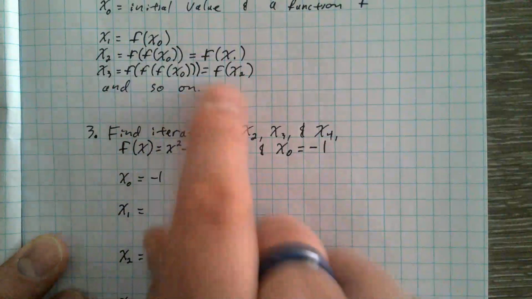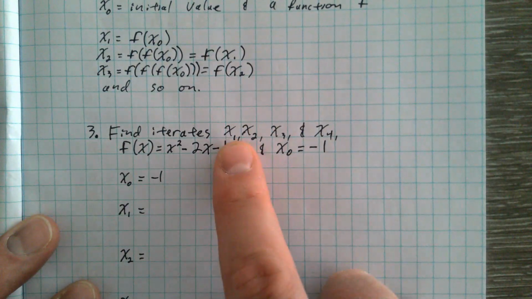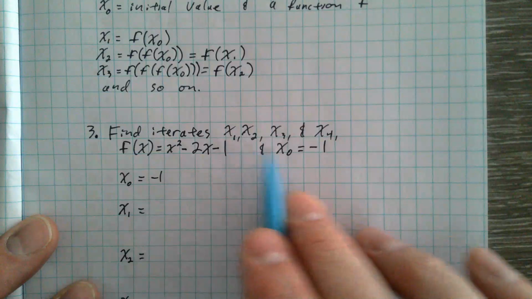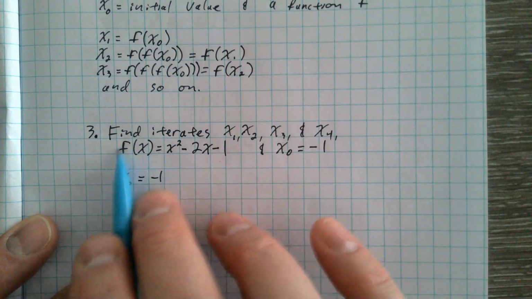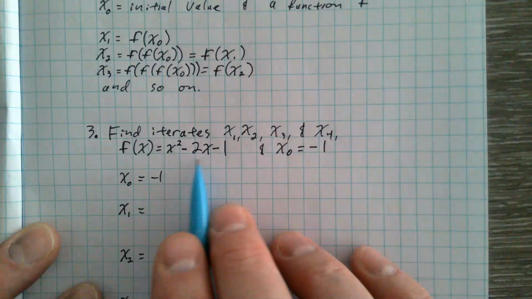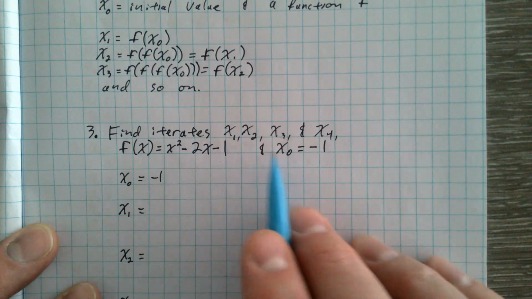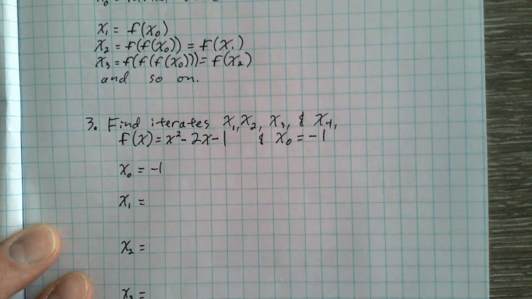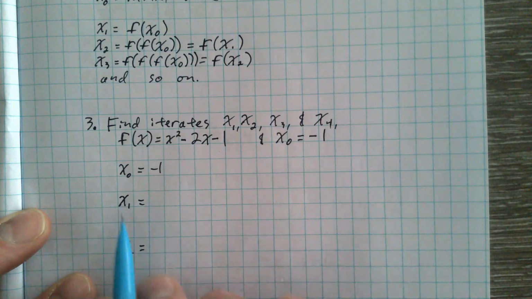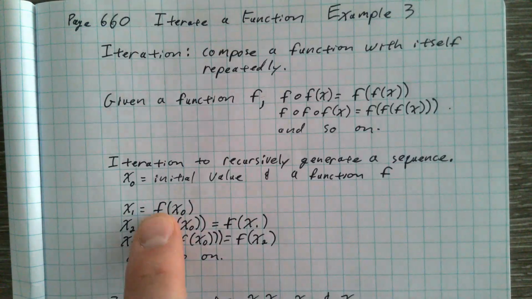So that's what we do. Here, we're going to find iterates for x1, x2, x3, and x4, for the function f of x equals x squared minus 2x minus 1, with x naught equals negative 1. The first thing we need to do is find x1. How do we find x1? We just plug our initial value into our function.